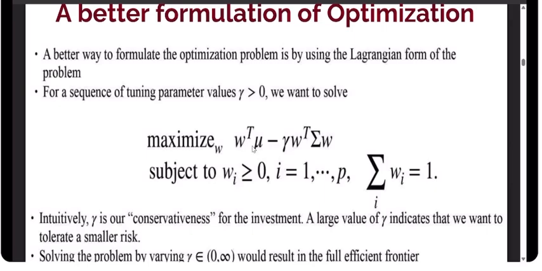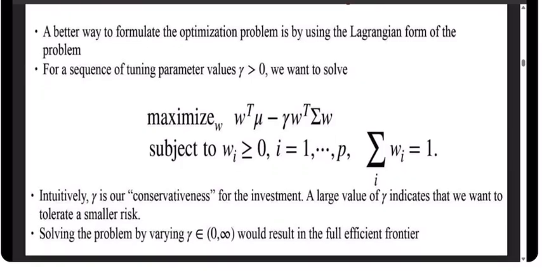So that one is going to be maximize the expected return minus this variance aspect, and of course the gamma here is going to be the parameter, where I can vary the values of gamma. I say gamma is our conservativeness for the investment. A large value of gamma has implications, a smaller value has implications.